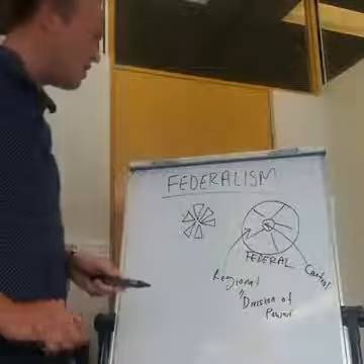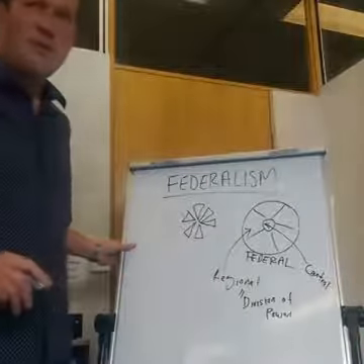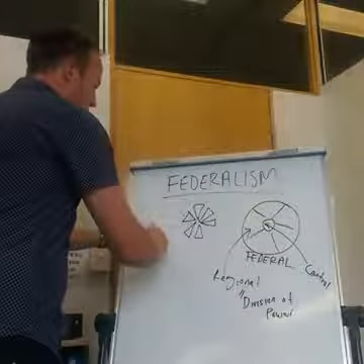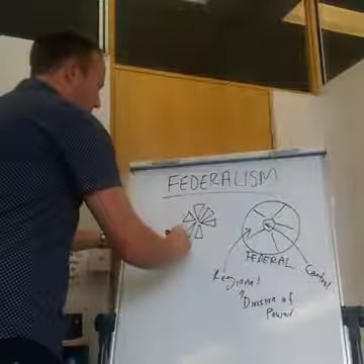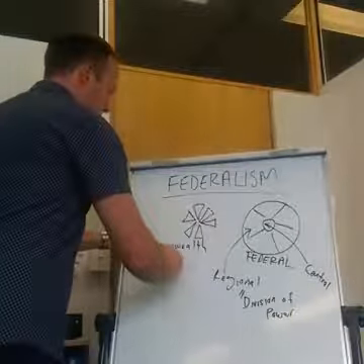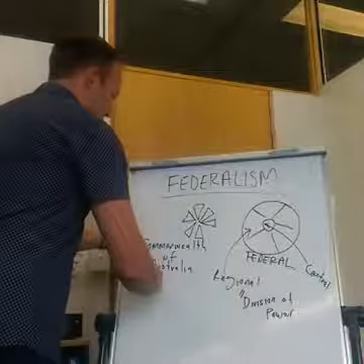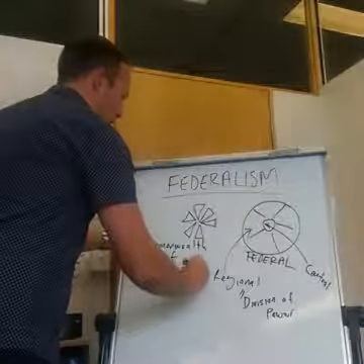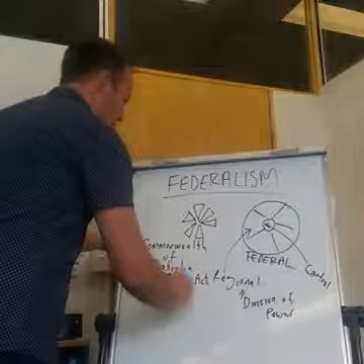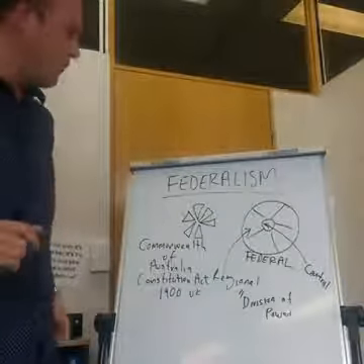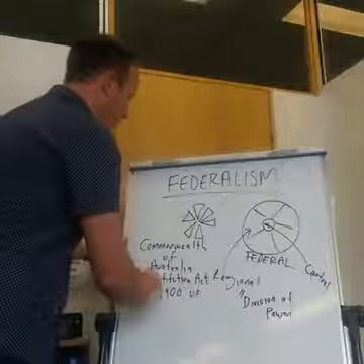What they did is they created an Act of Parliament, in the British Parliament, called the Commonwealth of Australia Constitution Act, or for short, just the Constitution.